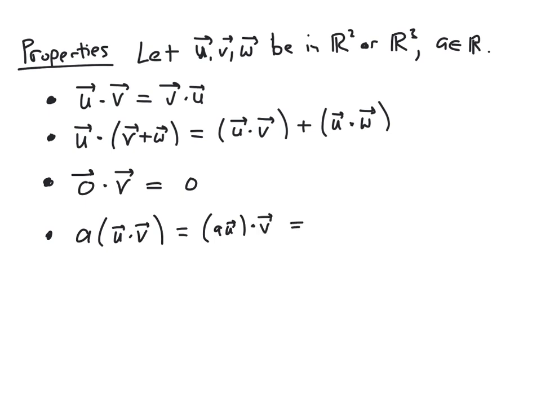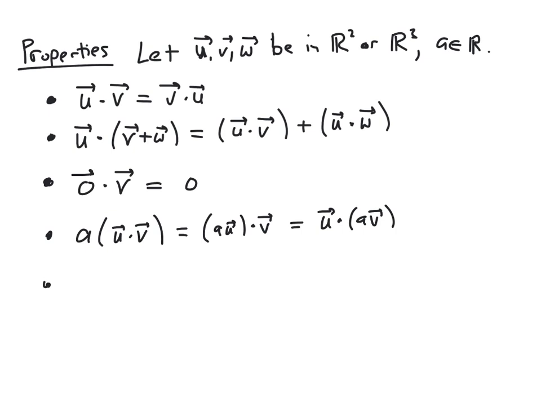Or we could first multiply v by the scalar a and then take the dot product with u. This one is really useful in computations, and we're going to do an example of this fourth property in a moment, to see how it can help simplify calculations instead of just going straight through the order of operations.